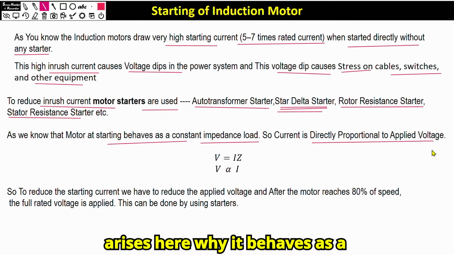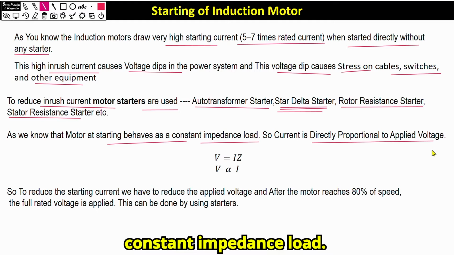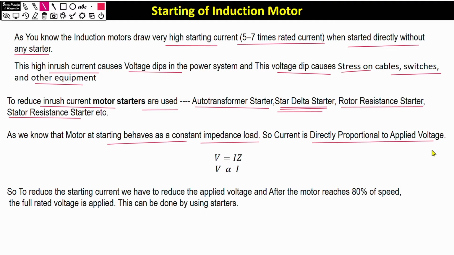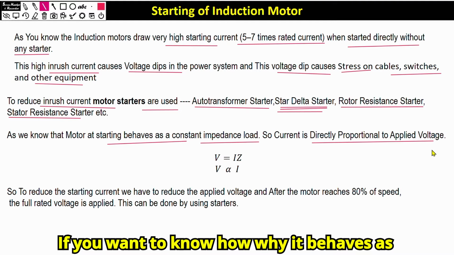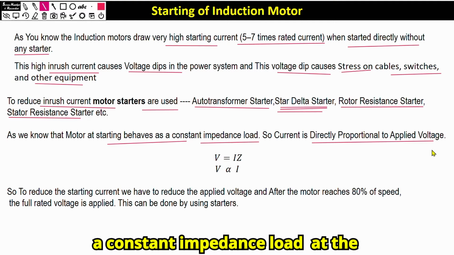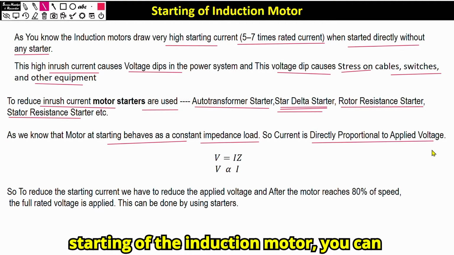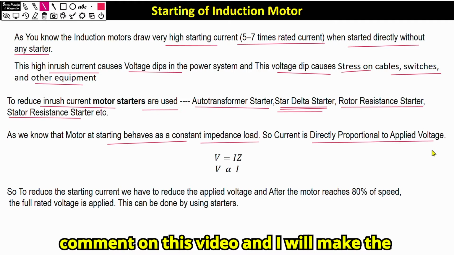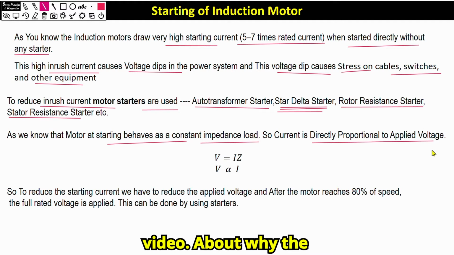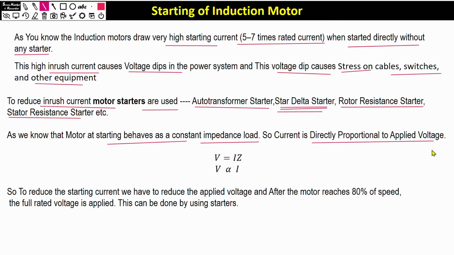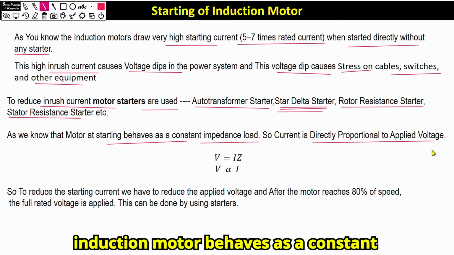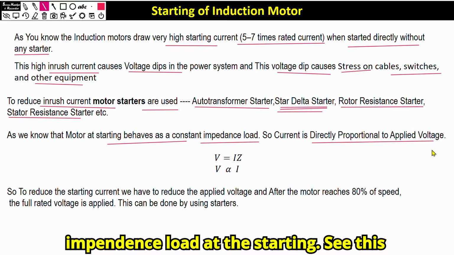Now the question arises here, why it behaves as a constant impedance load. If you want to know why it behaves as a constant impedance load at the starting of the induction motor, you can comment on this video and I will make a video about it.